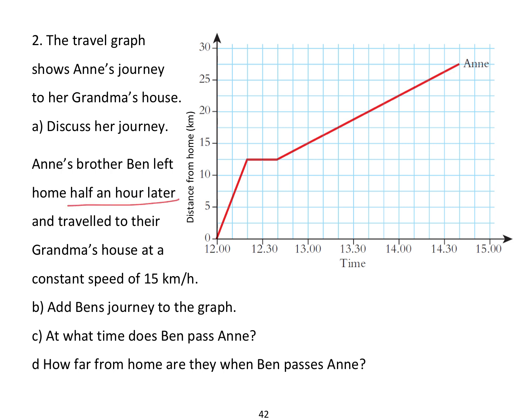So his journey is going to start at 12:30 instead of 12. And then travel to the grandma's house at 15 kilometres per hour. So in 1 hour's time, from 12:30 to 1:30, at that stage he should be 15 kilometres away. So we should mark that on there.